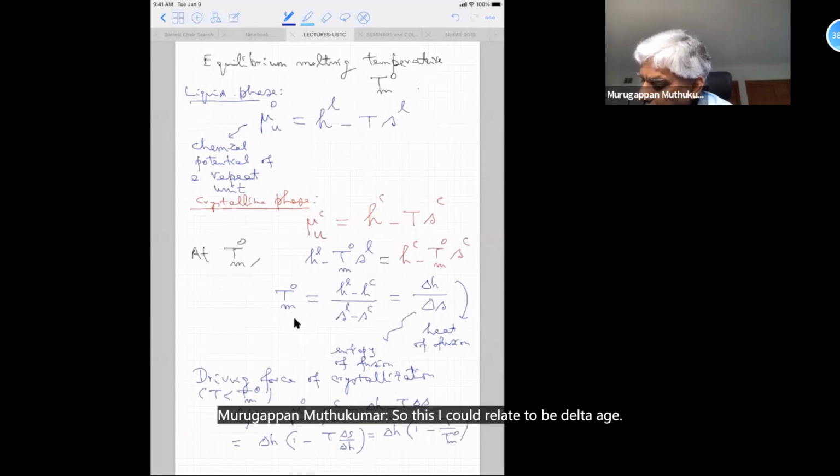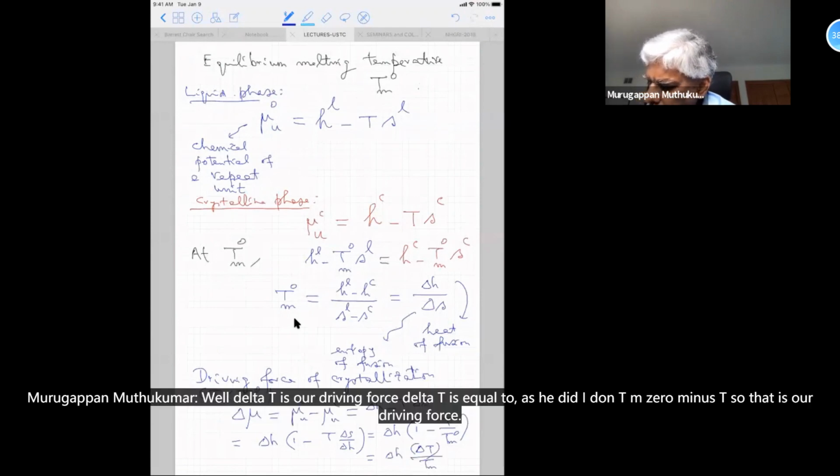So I can rewrite this as delta H times delta T divided by Tm0. Delta T is equal to, as we wrote down, Tm0 minus T.